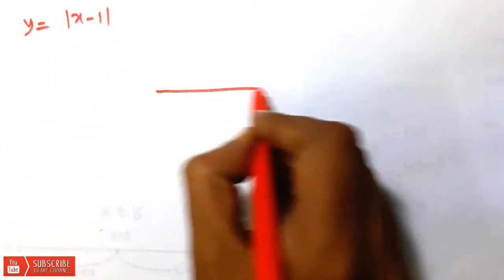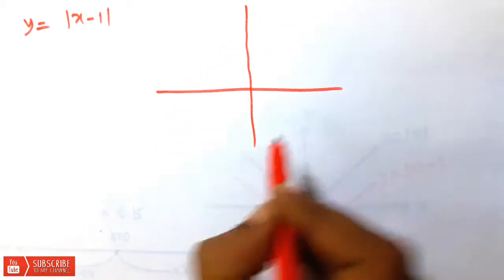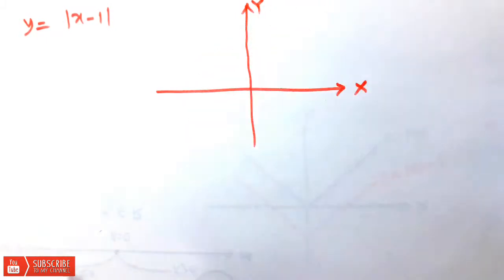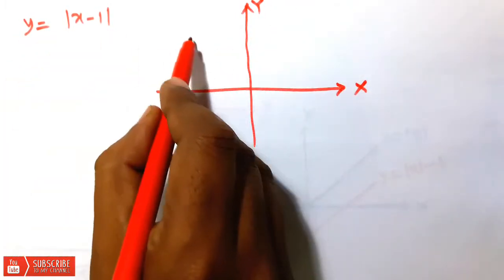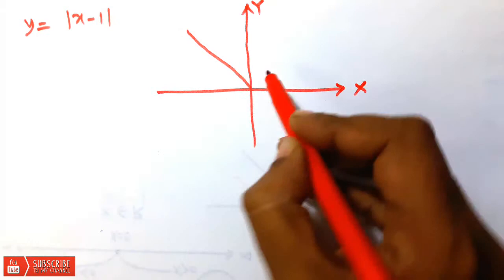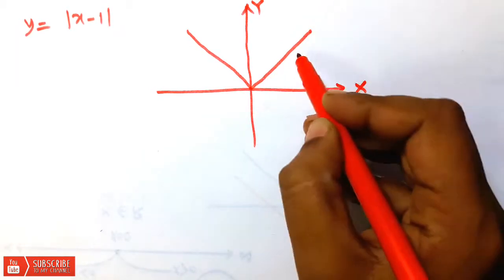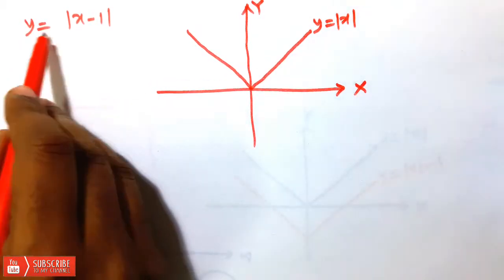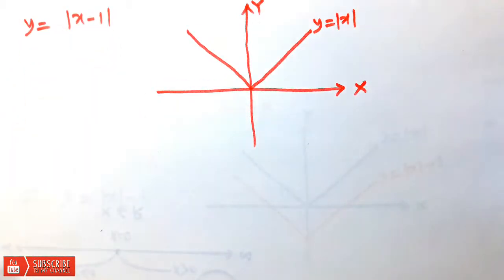So I am drawing the graph of y is equal to modulus of x. This is x-axis, this one is y-axis. So y is equal to mod x is this one. Next, y is equal to whole modulus of x minus 1.